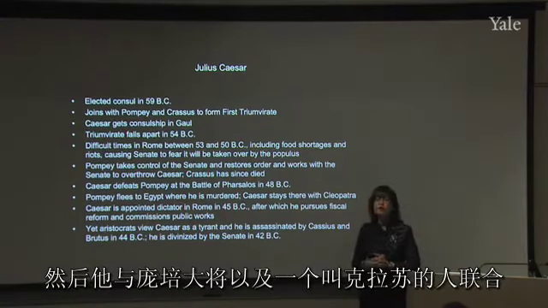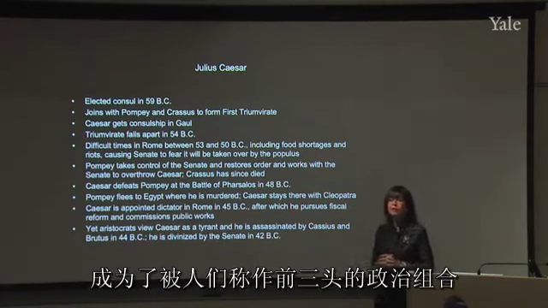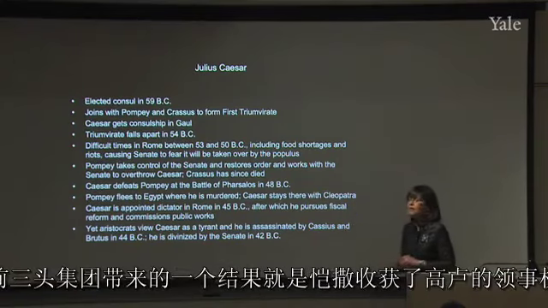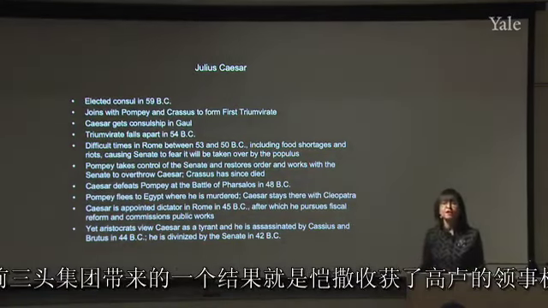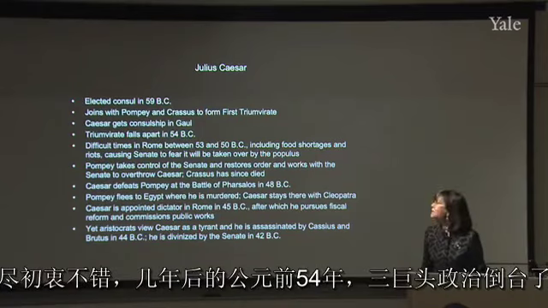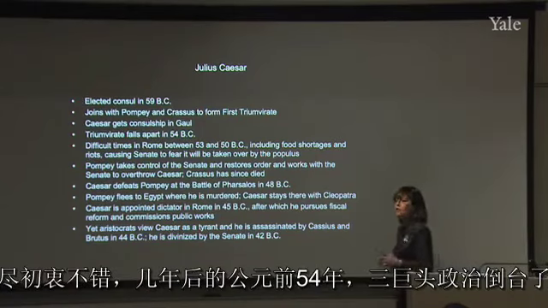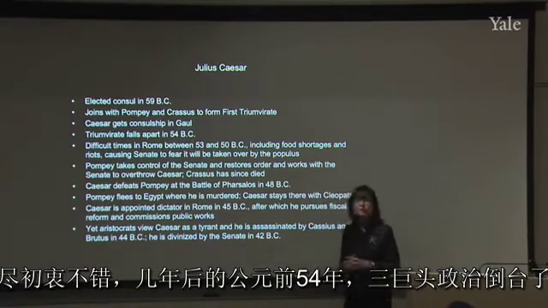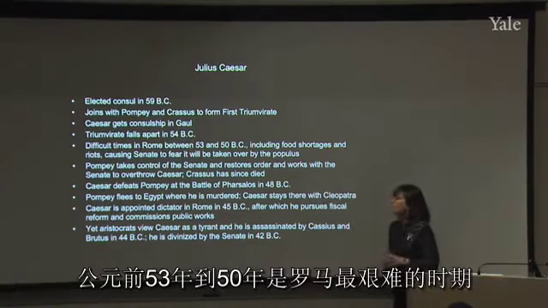He then joined with Pompey the Great and with a man by the name of Crassus to form what is known as the First Triumvirate. The result of that First Triumvirate was in part that Caesar received a consulship in Gaul, but despite all good intentions, just a few years later, in 54 BC, the triumvirate fell apart.